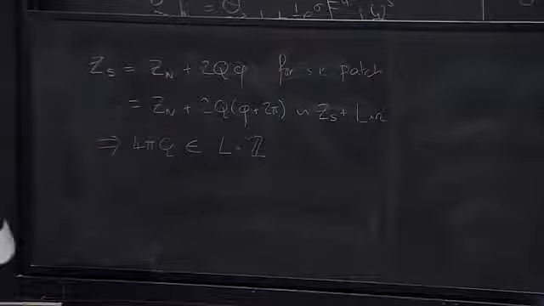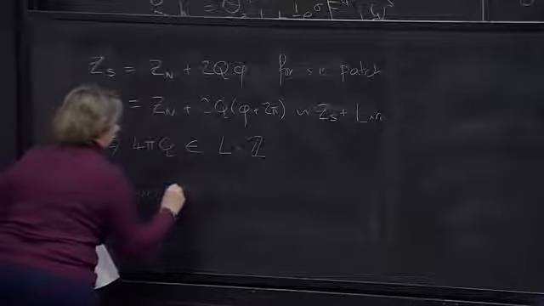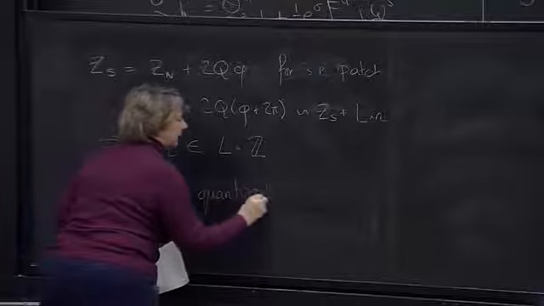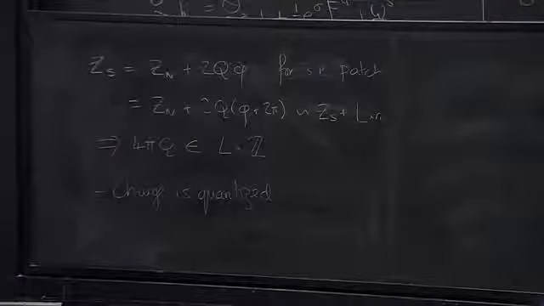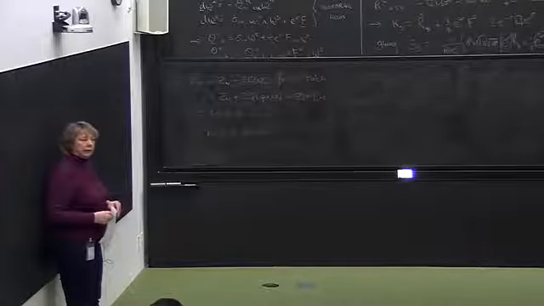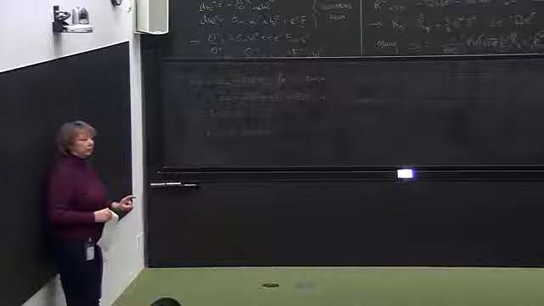So what this means is that charge is quantized. So in fact, this was something that Dirac noticed back in the 1930s, and he was very interested in the fact that should there exist even a single magnetic monopole in the universe, that would be responsible for the quantization of electric charge.